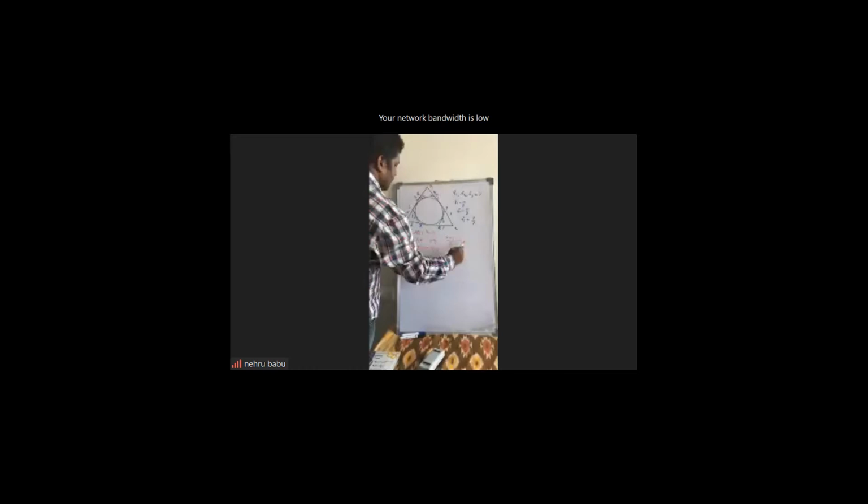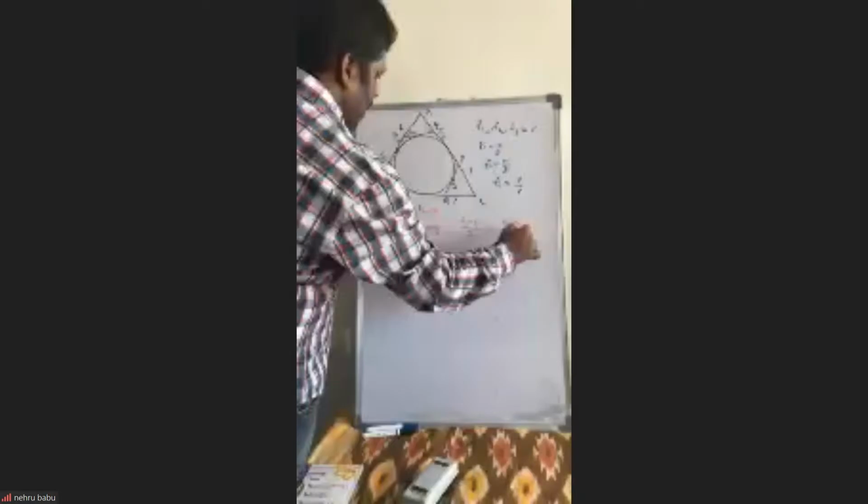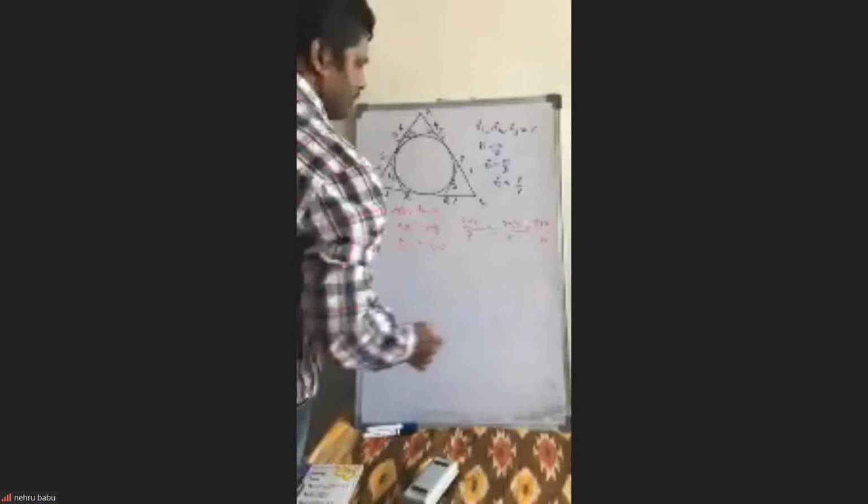Opposite to C is 7. Next, 4 minus Y, opposite to B, it is 5, equal to X plus Y by 4.